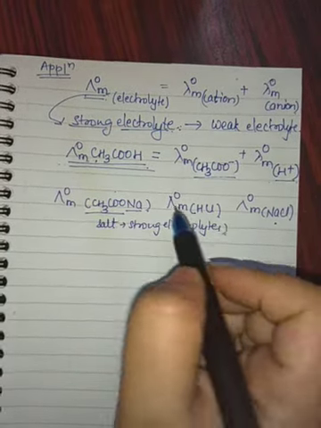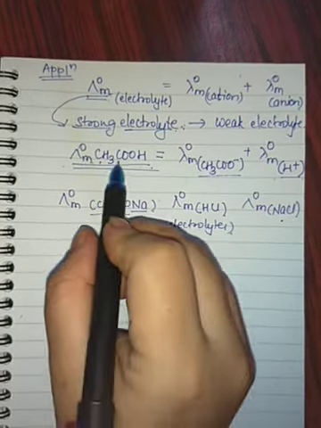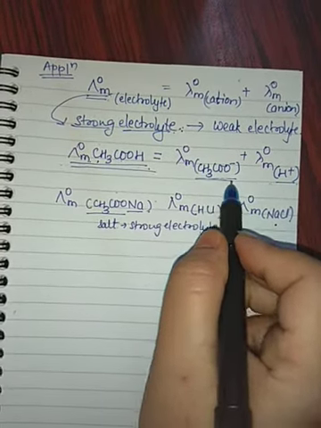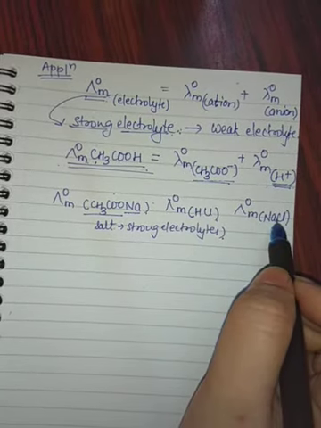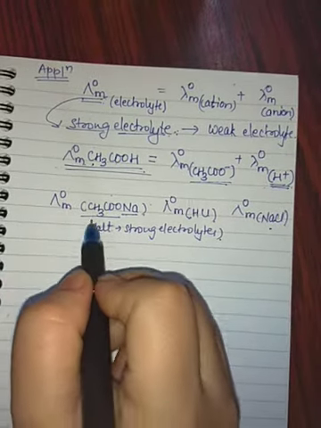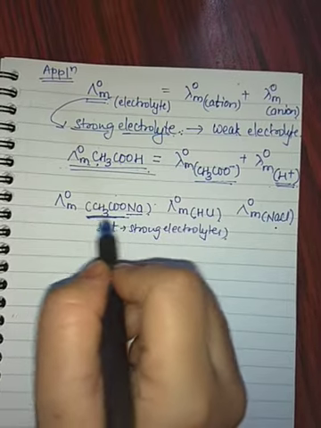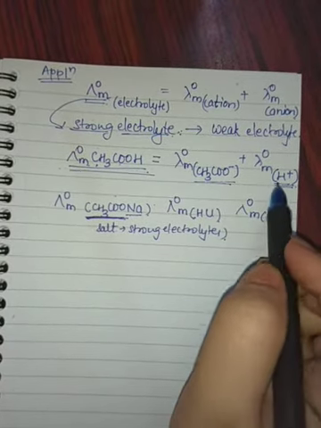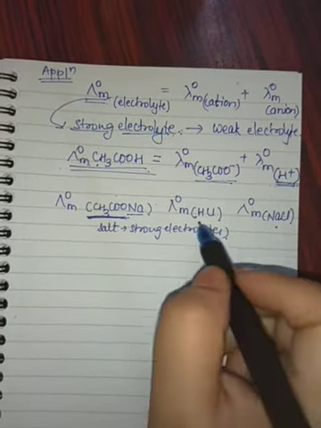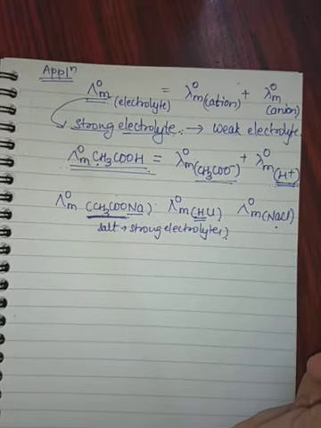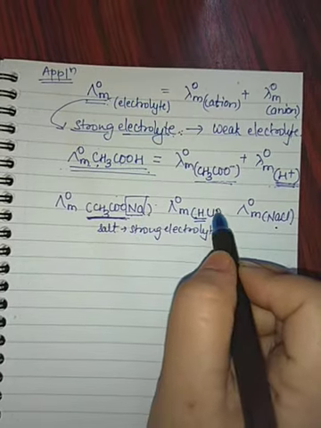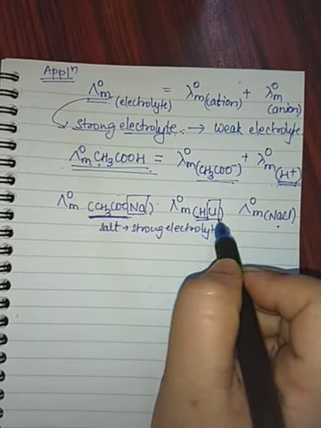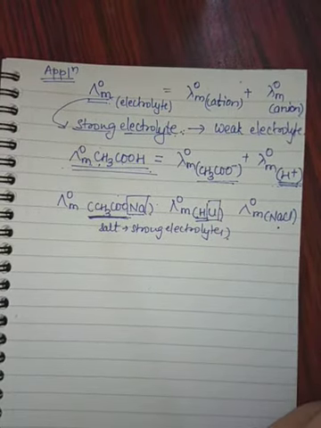How? We need which ions? Acetate ion and H plus ion. Look carefully, from where are we going to get our acetate ion? From sodium acetate. From where will we get H plus ion? From hydrochloric acid. But we don't want the molar conductivity of Na and we don't want the molar conductivity of Cl.